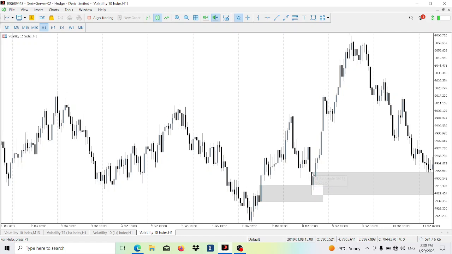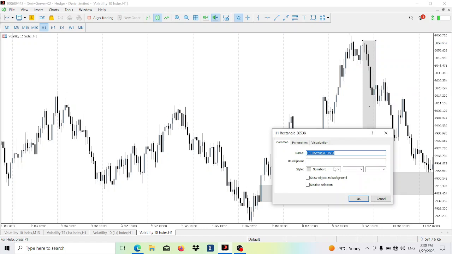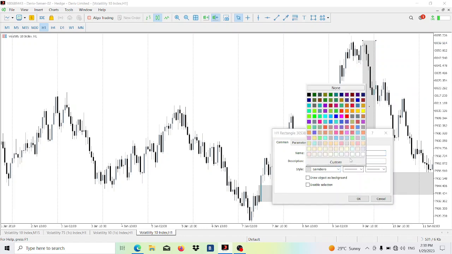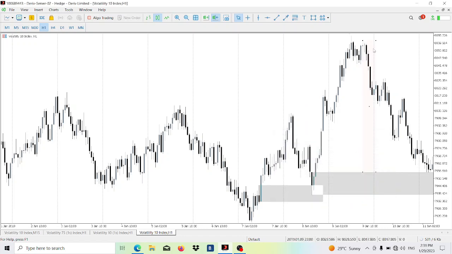Then when price hits the high of this candle, we will look for buy opportunities in the market. What do I mean by that? I would aim to take my profits above here. That's where I would aim to take my profits.